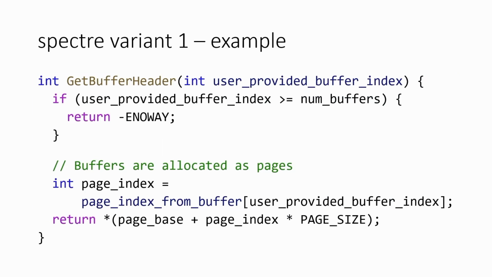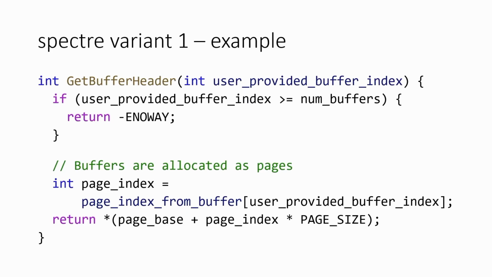Let's look at a simple example. Let's imagine this is a bounds check early in a system call handler. We read a value if it's in bounds. But what happens if I call this 100 times with a valid index, and then the 101st time with something wildly out of bounds? Let's assume it takes a long time to access that num buffer's upper bound. Maybe it's off in main memory.